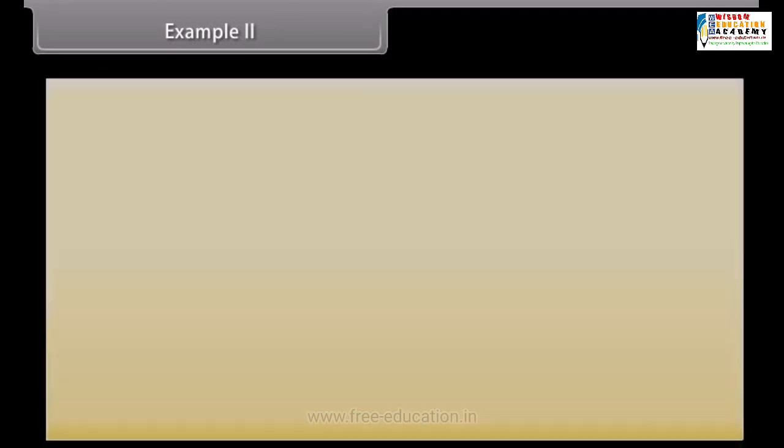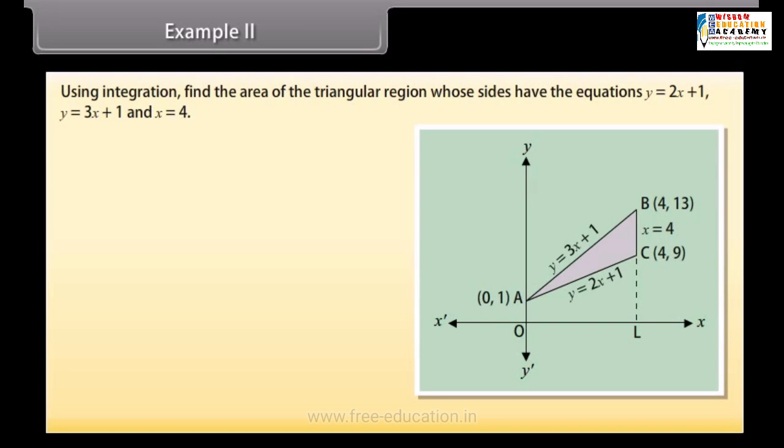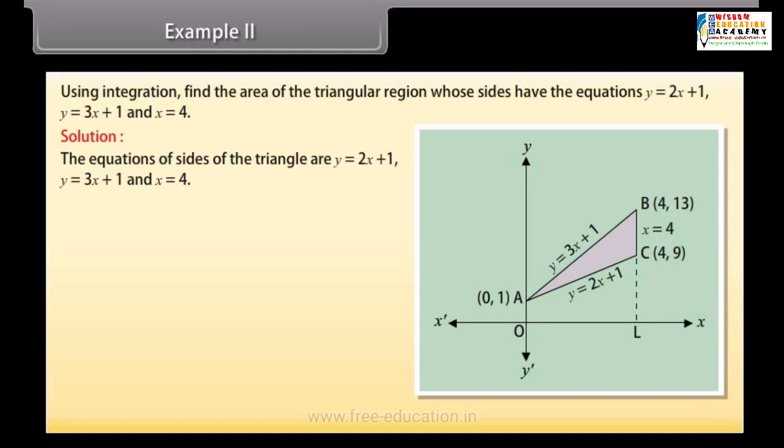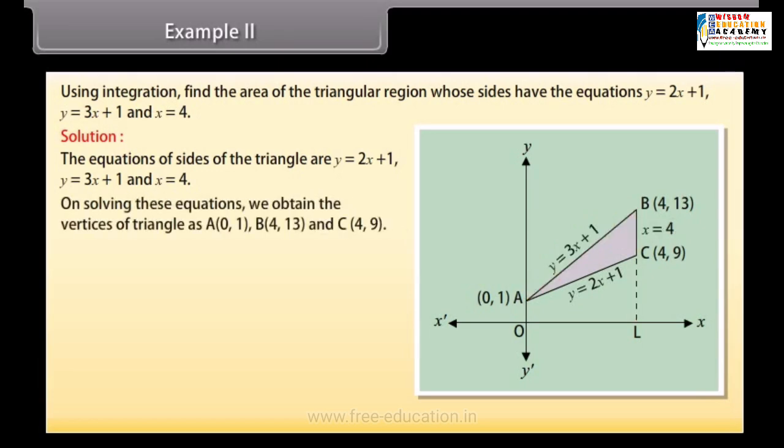Example second. Using integration, find the area of the triangular region whose sides have the equations y equals 2x plus 1, y equals 3x plus 1 and x equals 4. Solution. On solving these equations, we obtain the vertices of the triangle A(0, 1), B(4, 13) and C(4, 9).